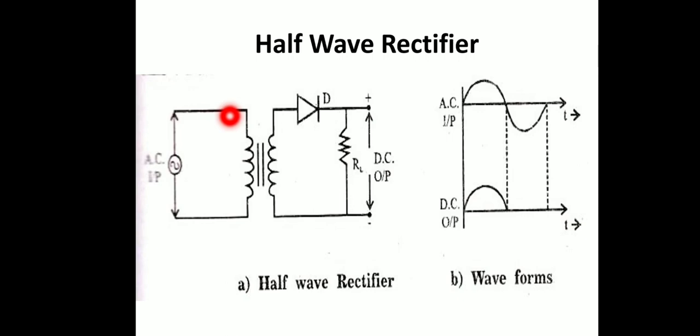A DC voltage produces a current which always flows in one direction, either forward or backward. But an AC voltage produces a current which reverses its direction many times a second, forward to backward and backward to forward.